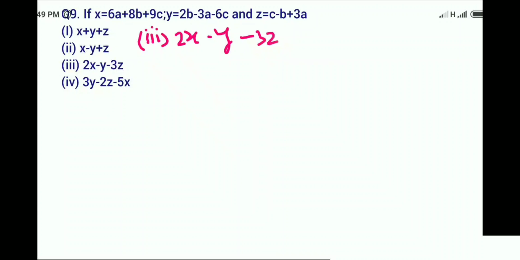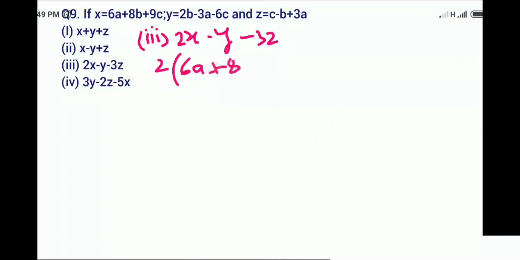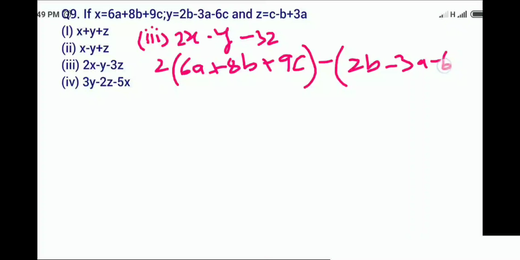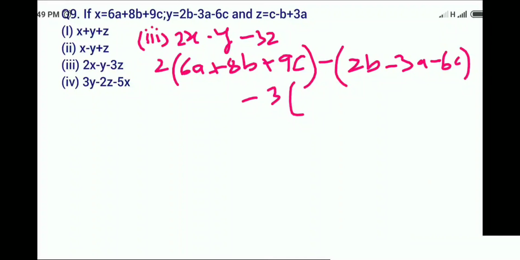On putting the values of x, y and z in the equation, we get 2b minus 3a minus 6c minus 3z. The value of z is c minus b plus 3a.